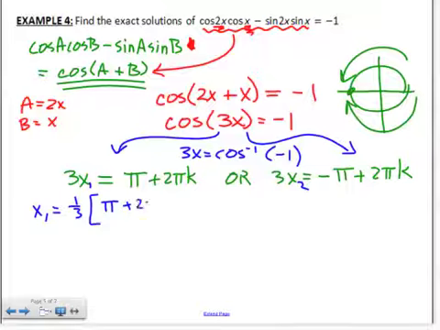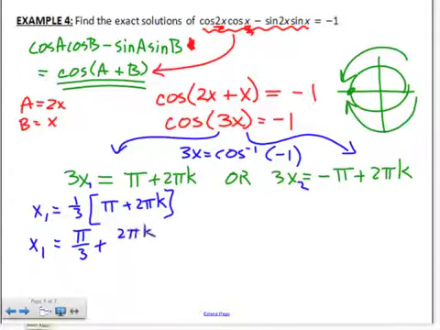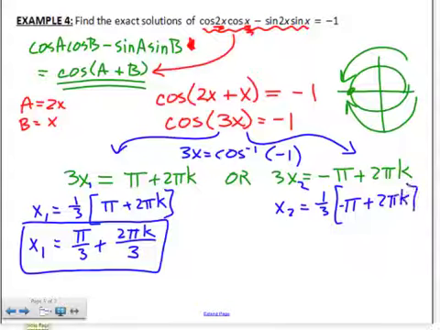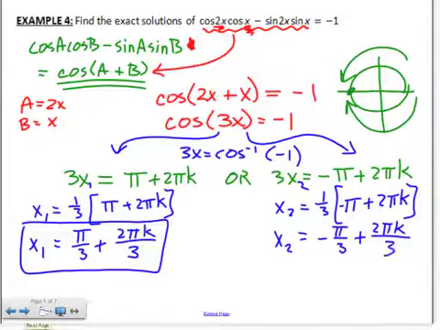Show all of that in parentheses, please, or else we have to get upset with you. x1 equals pi over 3 plus 2 pi over 3 times k. Okay, and for x2 we would get x2 equals 1/3 times negative pi plus 2 pi k, which equals negative pi over 3 plus 2 pi over 3 k.